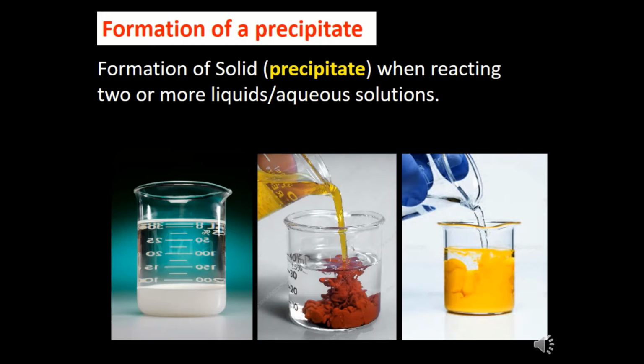Formation of precipitate. Some reactions don't produce gas and don't produce heat, but they produce a precipitate. You can see it in these three different diagrams. In the first one on the left side, you have a white precipitate settled down, with water on the top and some precipitate down there. In the second one, you mix two solutions and you can see a red precipitate being produced.